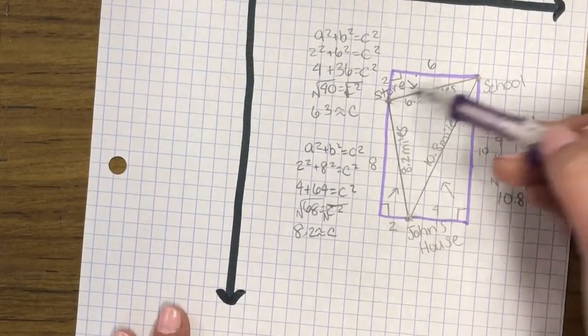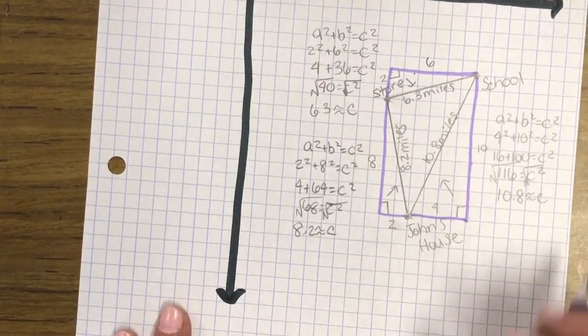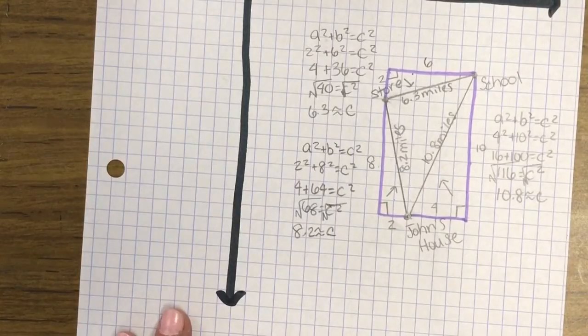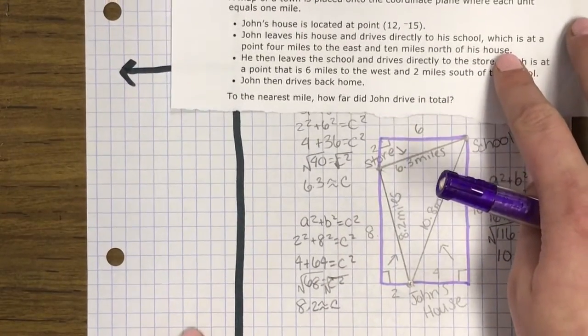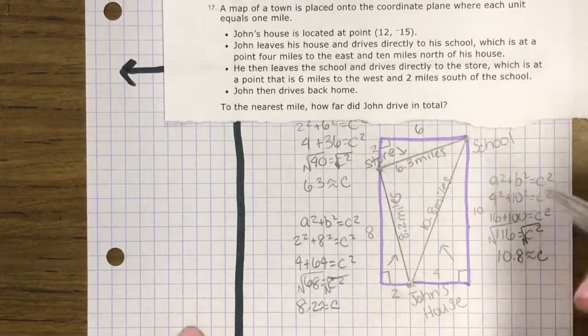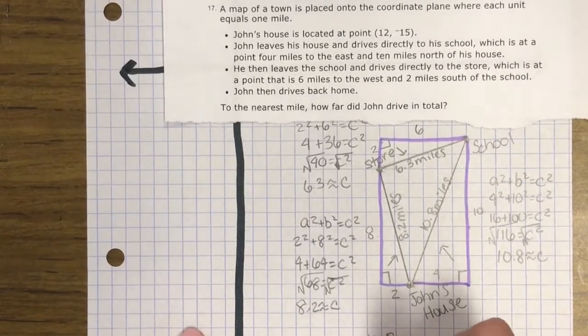Now, since our problem is asking to the nearest mile how far he drove in total, I want each of those distances combined.